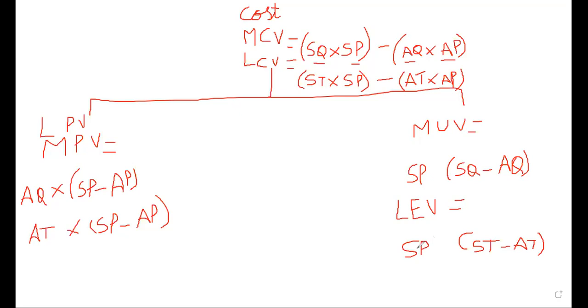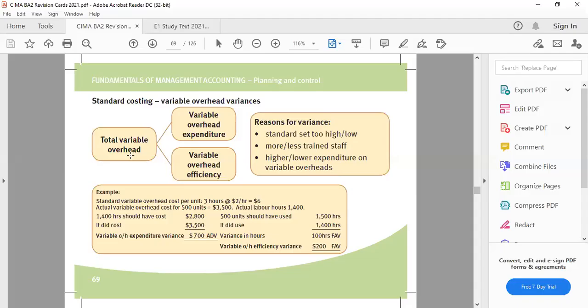Variable overhead cost variance will be the standard price, which will be the variable overhead rate. Now, in case of variable overheads, it could be quantity, it could be time. So, depending on whatever is the situation in the particular question, we can apply it either as quantity or we can take it as time also. So, variable overhead cost variance is split into variable overhead expenditure variance and efficiency variance. So, these are the two variances.